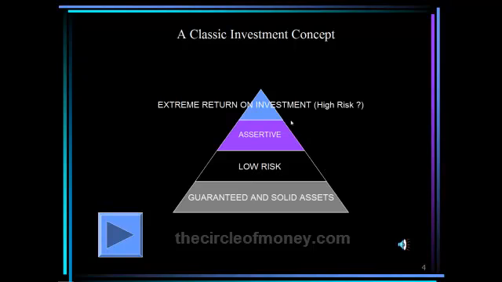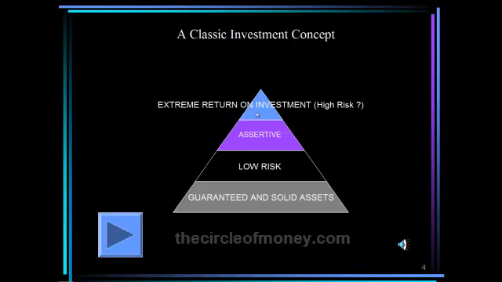For instance, blue chip stocks would be classified as low risk. A more assertive position would be maybe investing in your own business. And then the classic extreme risk arenas are the penny stock environments and the junior capital pool type investments.